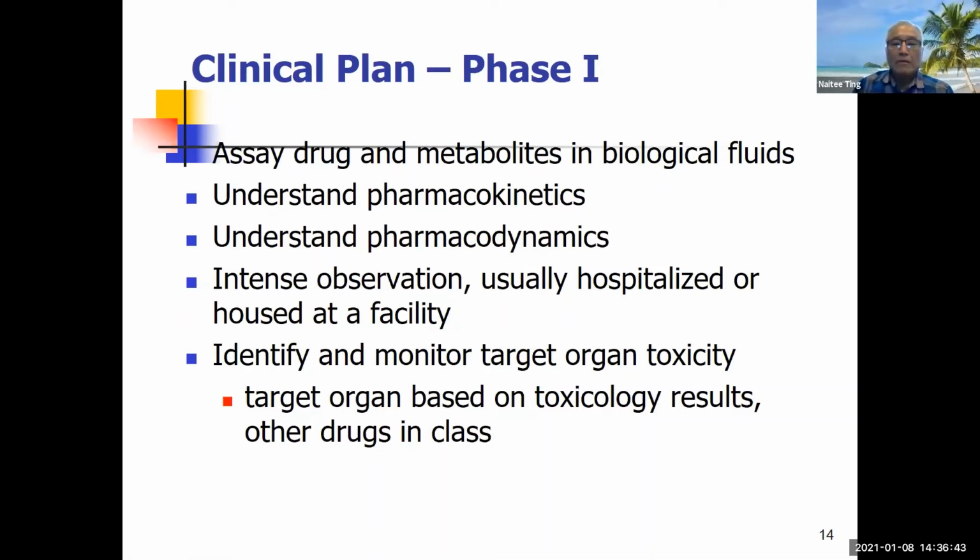Now, in phase 1, like I said, for the non-oncology drugs, we look at the pharmacokinetic property of your test drug. So we assay drug and metabolites in biological fluids. So what is a metabolite? So for a chemical compound, the typical way the scientists design the drug is that they come up with a compound, all right?